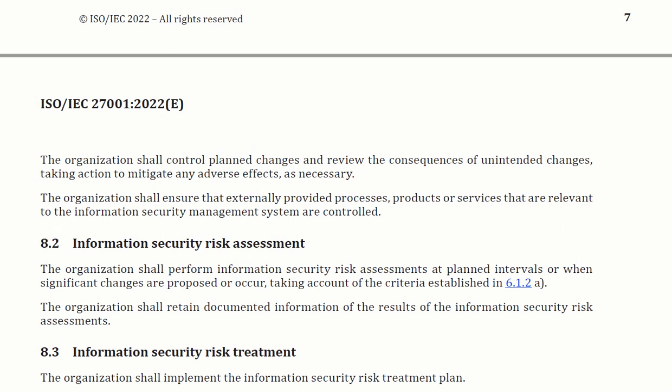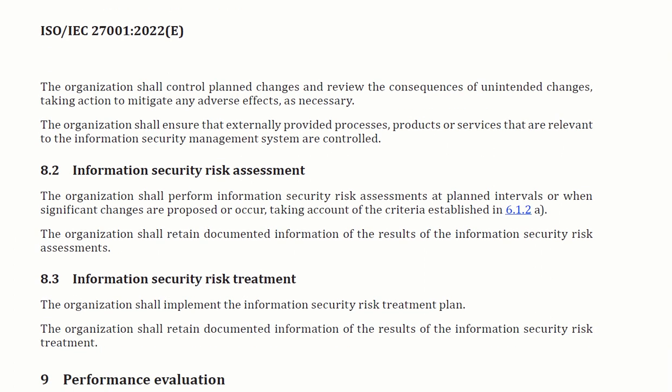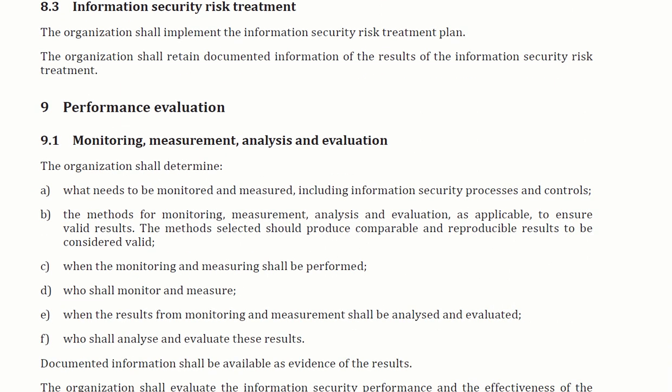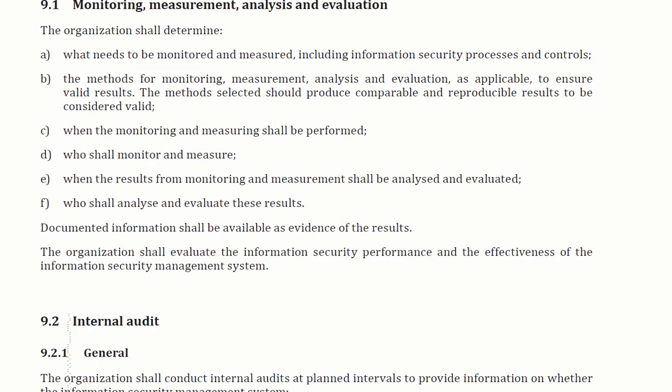Now some changes have been made in clause number 9. In clause 9.1, monitoring, measurement, analysis and evaluation, this has been added. In the older standard, only up to this point was there.